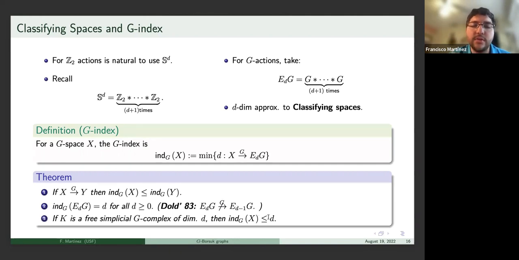And we are going to use this property: if K is a free simplicial G complex of dimension D, then its G index is at most that dimension.